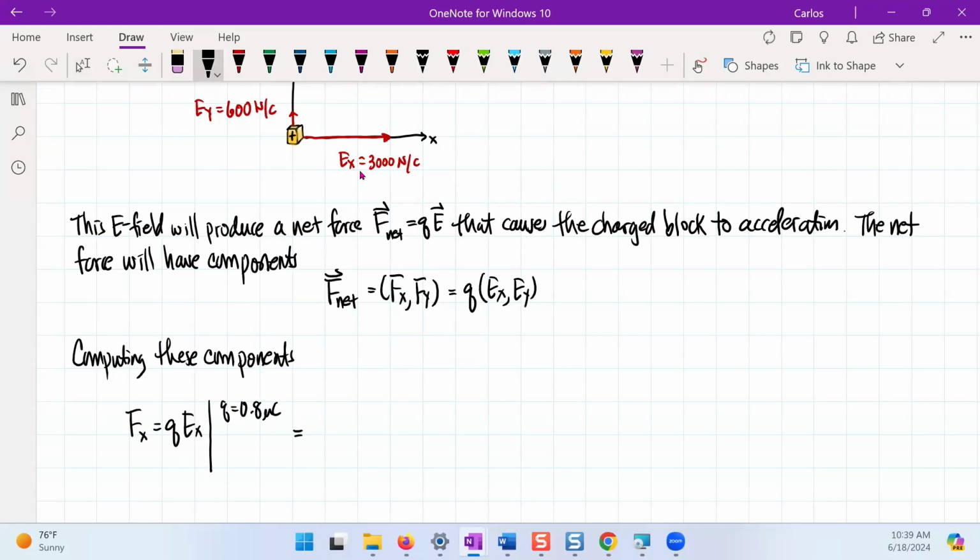So if I start putting in my numbers, this will be 0.8 times 10 to the minus 6 coulombs times my 3 times 10 to the 3 newtons per coulomb. And of course, you see immediately the cancellation of coulombs. That's going to give me a value of 2.4 times 10 to the minus 3 newtons.